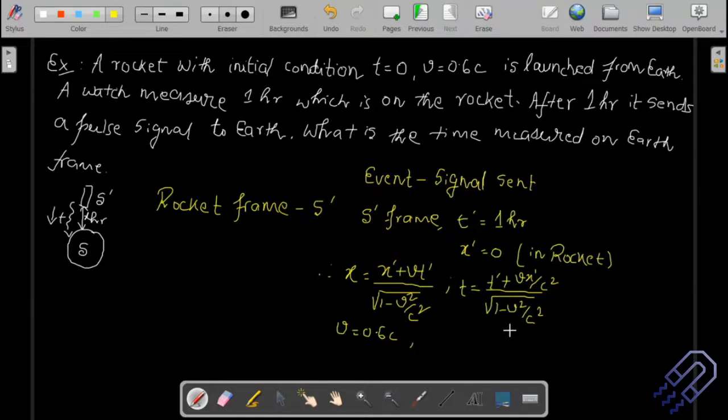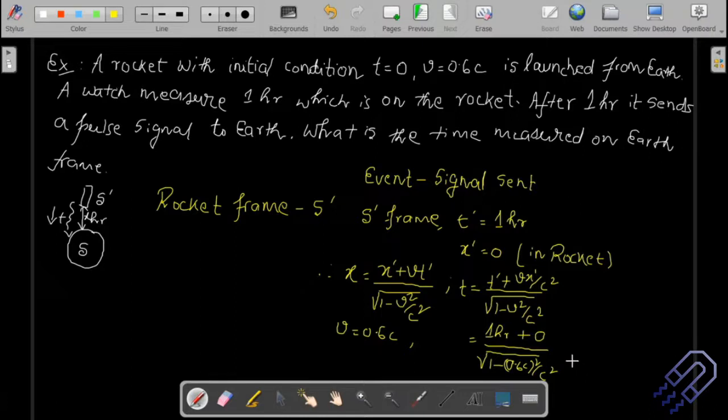It's very simple. T prime, see, this clearly explains which time we are measuring. T prime is the time in the rocket, so that is 1 hour, which is already provided, plus v X prime by c square, where X prime is 0 because we are measuring it inside the rocket, so this becomes 0. Divided by the square root of 1 minus v square by c square. So v square means 0.6 c whole square divided by c square, right?